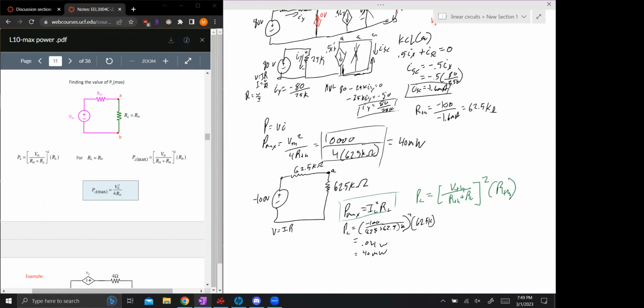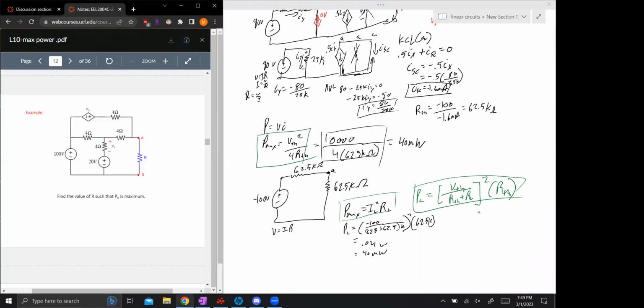And then we also have this equation is valid. So we have these three equations that can help us calculate the maximum power.